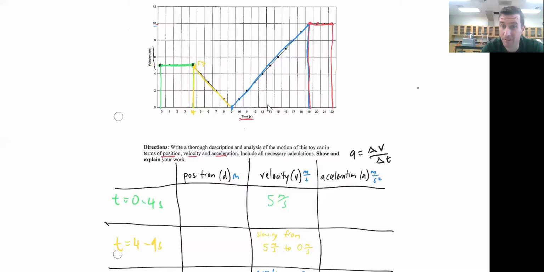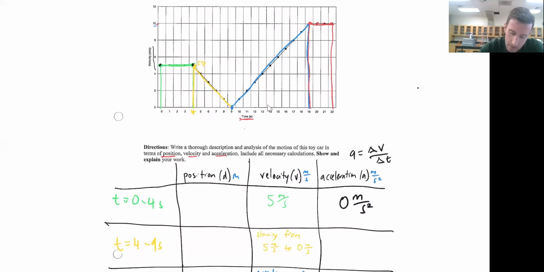So how much did the velocity change during that time period? It went from 5 to 5, it changed not at all, right? That's 0 change. And so my acceleration is going to be 0 meters per second squared. There is no acceleration during that time period because the velocity is constant.